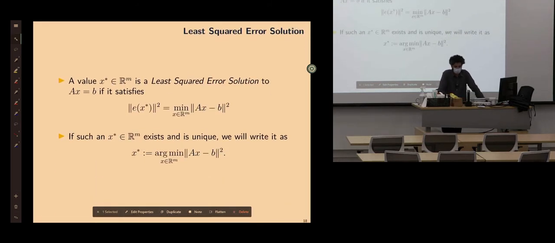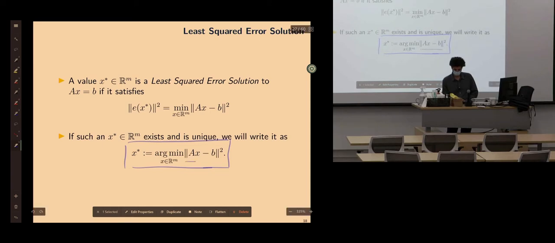Now, if such a solution exists and is unique, you can write it as x star, or asterisk, is the argmin of your objective function, this squared norm of your, basically, error.